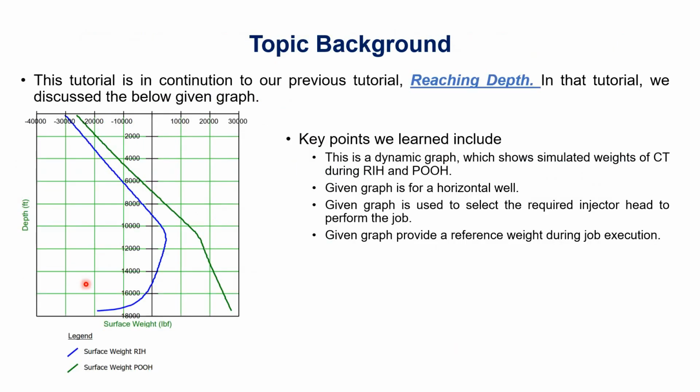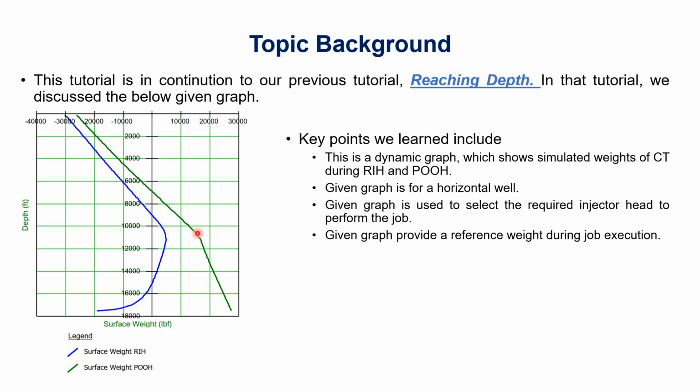In our previous tutorial regarding the reaching depth graph, we discussed that it is a dynamic graph that shows simulated weights of coil tubing during running in hole and pull out of hole at each depth. It is for a horizontal well, and it is used to select the required injector head to perform the job.